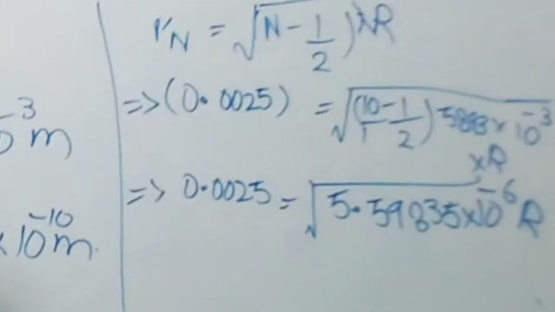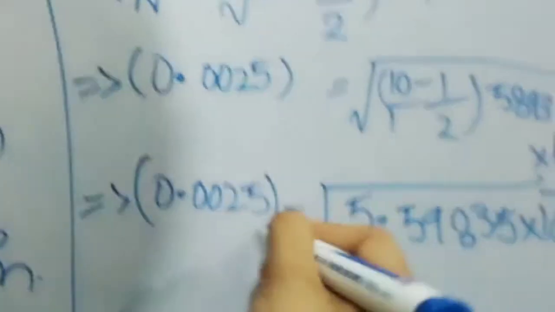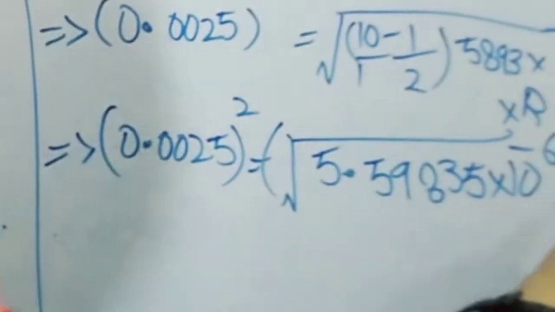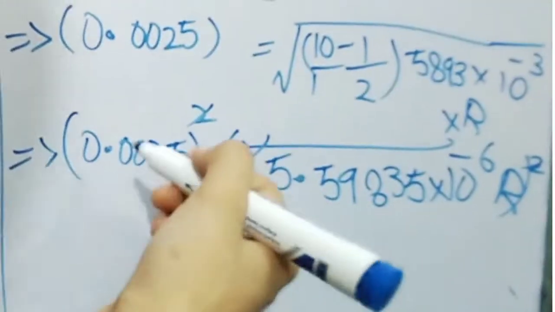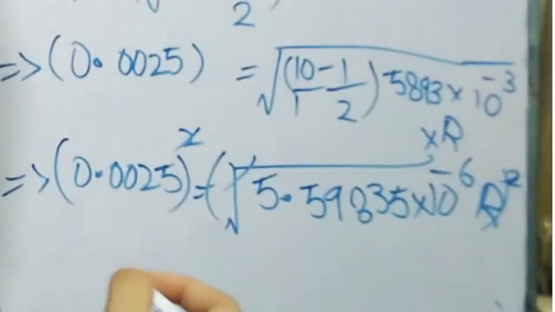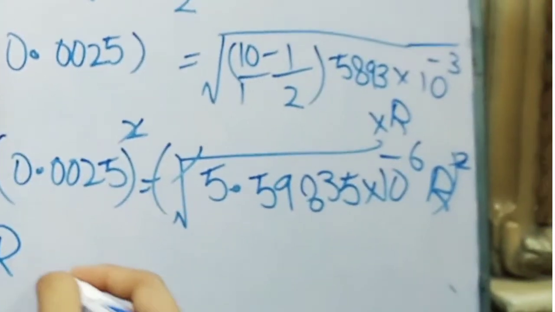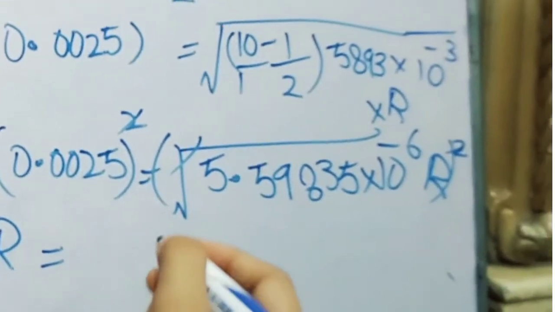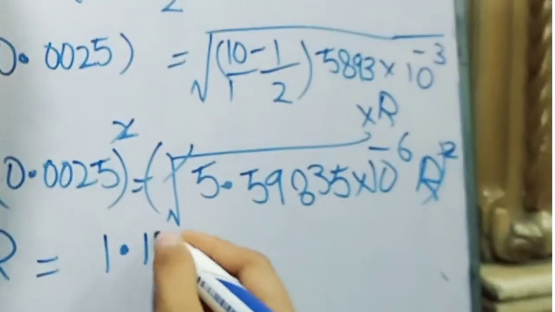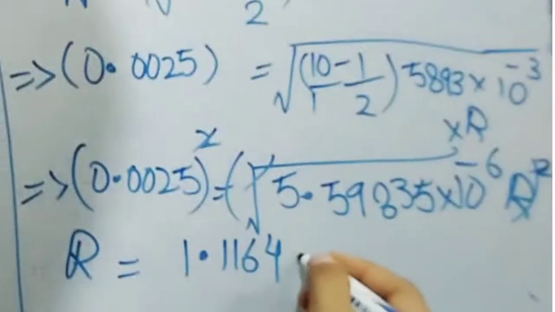You're going to take squares on both sides, on this side and on that side. This will cancel the root, and you will multiply 0.0025 to the power of 2. In short, this is all mathematics, and the value you will get is 1.1164 meter.